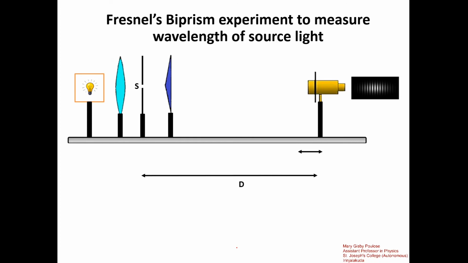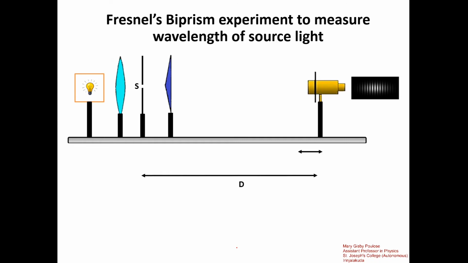During the initial setup of the experiment, I had mentioned that the edge of the biprism should be aligned exactly parallel to the vertical slit. If it is not so, while moving the micrometer eyepiece away from the biprism, you may observe the fringes move towards the right or left. That is, it may have a lateral shift.